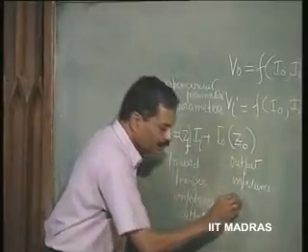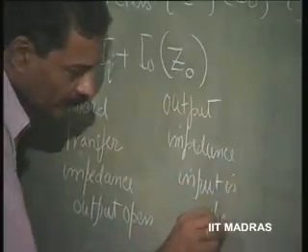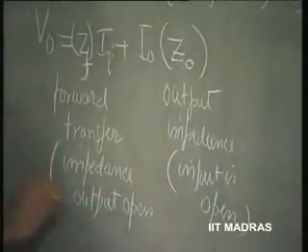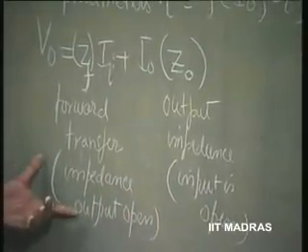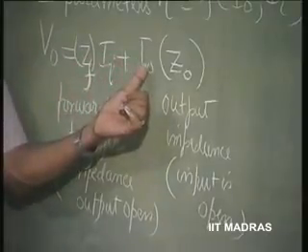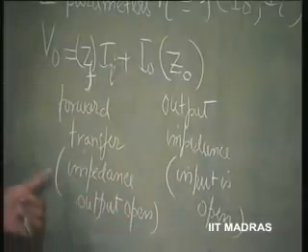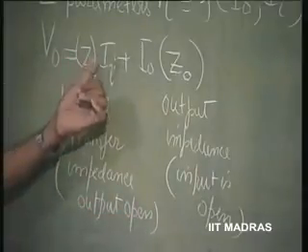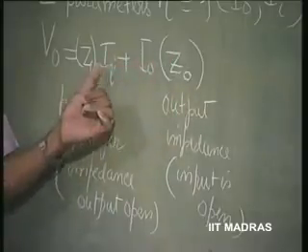That means input is open. In order to measure this, we have to have I0 equal to 0, which means output is open. Okay. In order to measure this, output is open. In order to measure this, input is open.